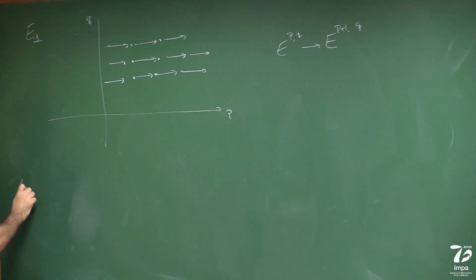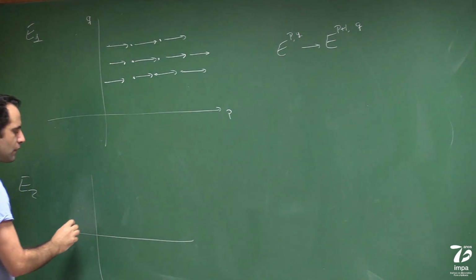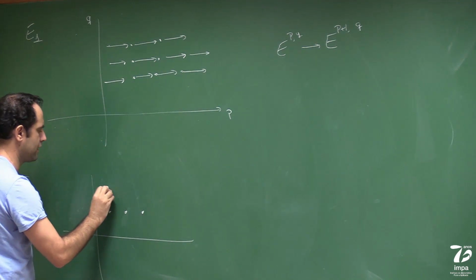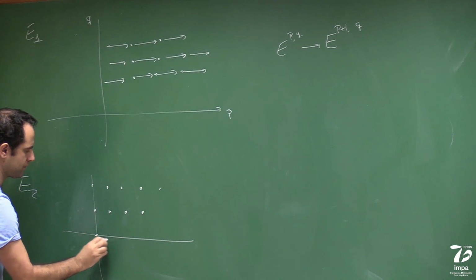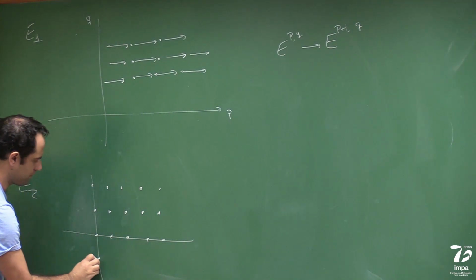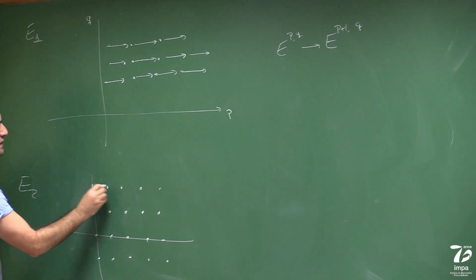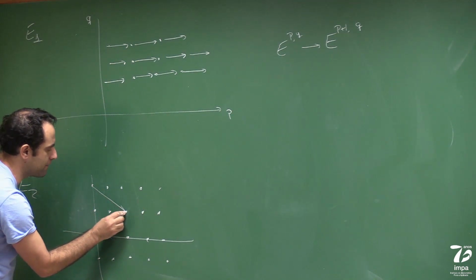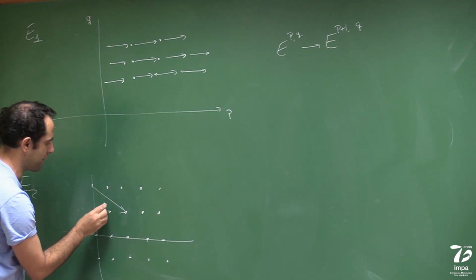How does E2 look? Well, now the situation is slightly different. Let's start putting these guys. Now the differential increases P by 2 in degree and decreases Q by 1. So it goes from here to here. Now I start mixing these different arrows.